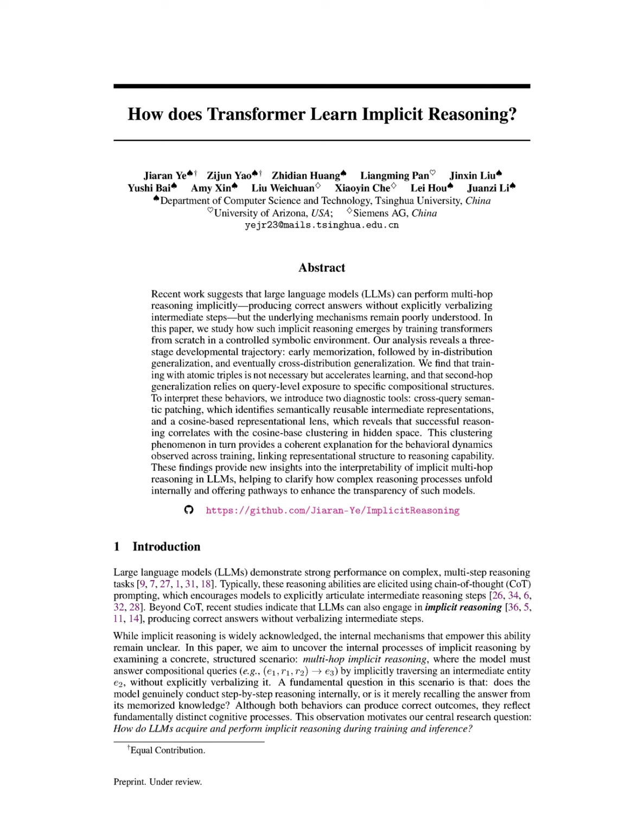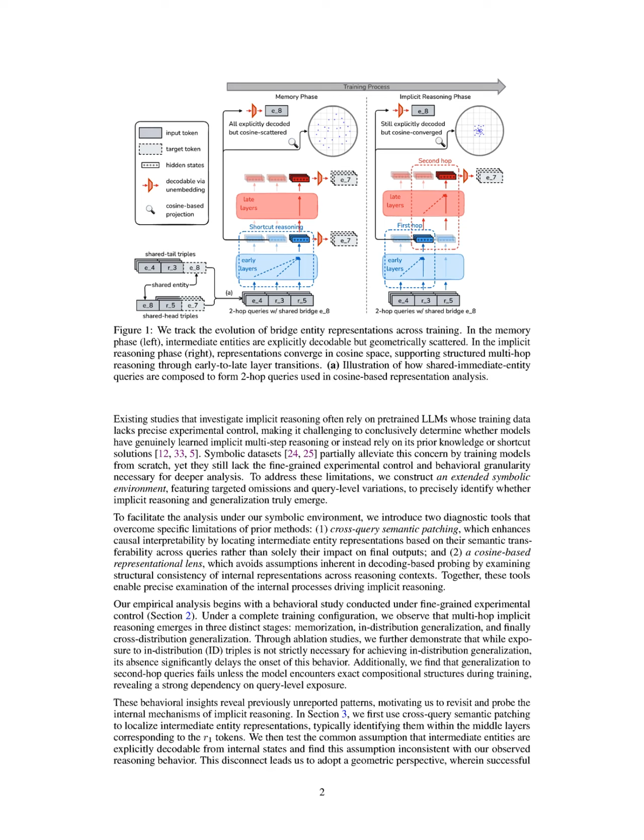This setup included atomic triples and compositional queries, specifically designed to isolate the effects of different training signals on reasoning performance. We implemented targeted omissions and query-level variations, enabling us to conduct controlled ablation studies that could distinguish between memorization, in-distribution generalization, and cross-distribution reasoning.